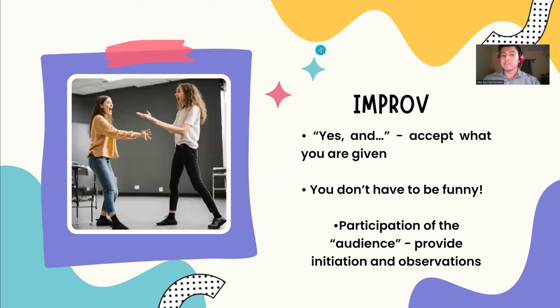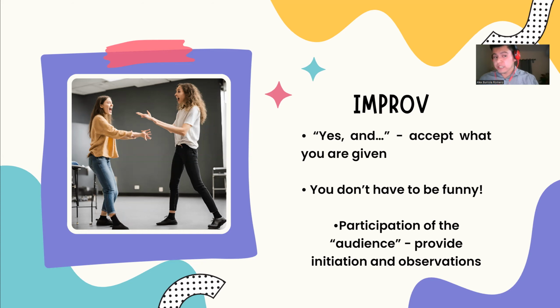Now we have the improvisation. In this one, it's like give and take. A classmate is going to give you something, and then you are going to answer yes, and you are going to add something else for your next classmate.